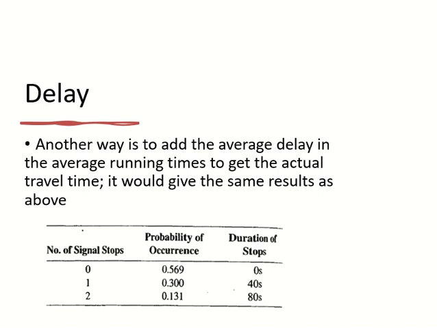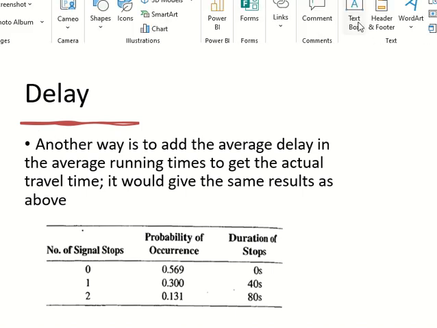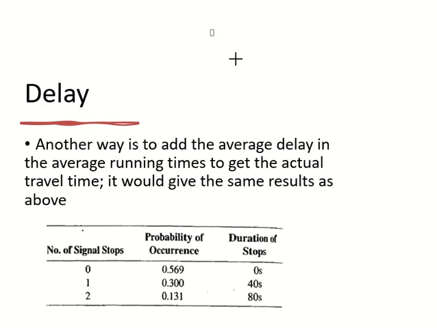Summation upon total means all values have equal chance. But we can see this value has more chance, this value has less chance, and this value has even lesser chance. You cannot just do summation upon the value. You have to multiply with the chance of that value. So the delay in this case will be the value into the probability or the chance.